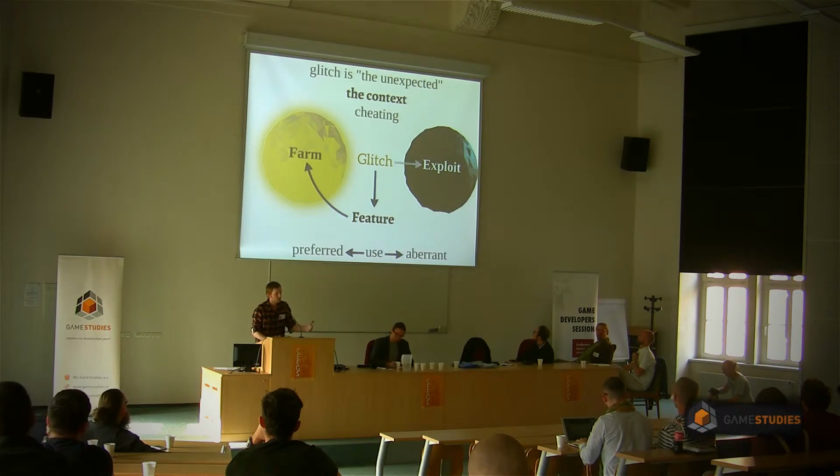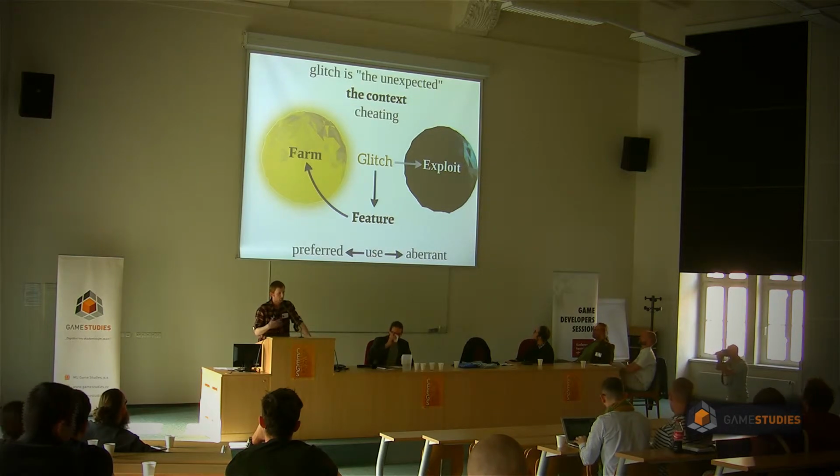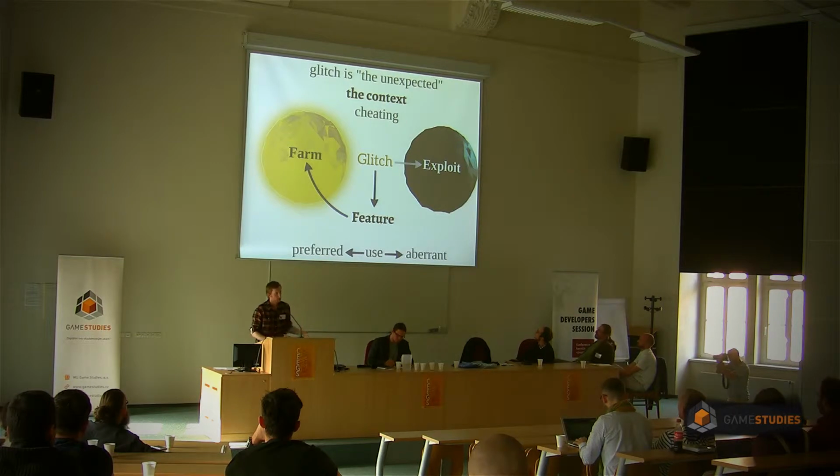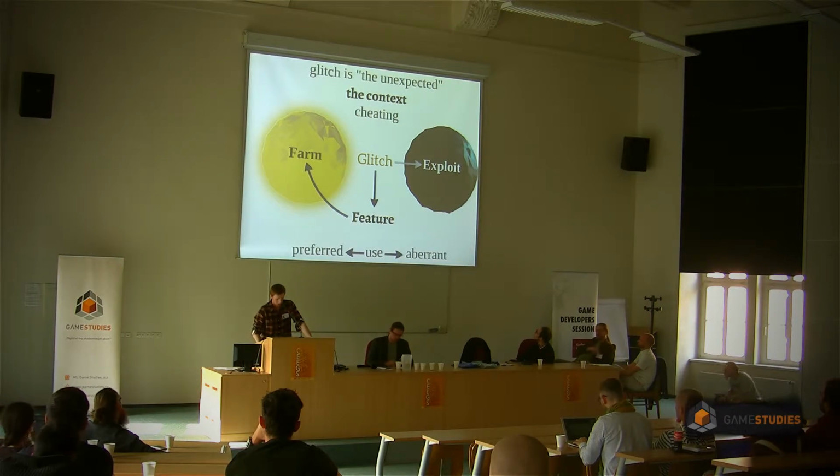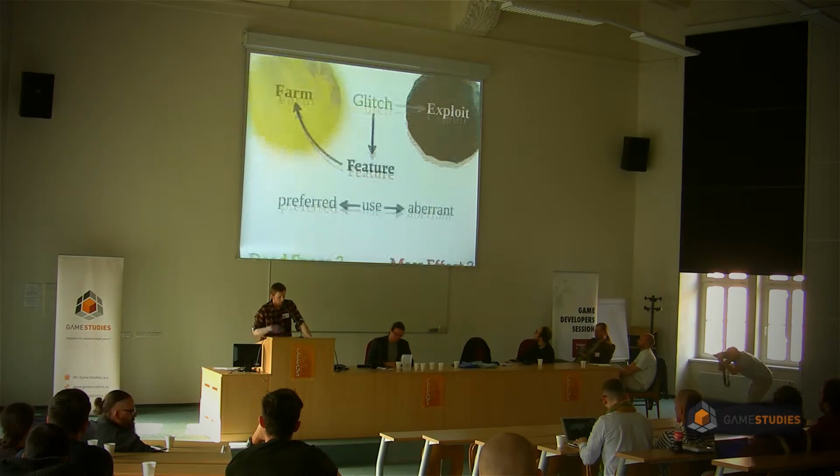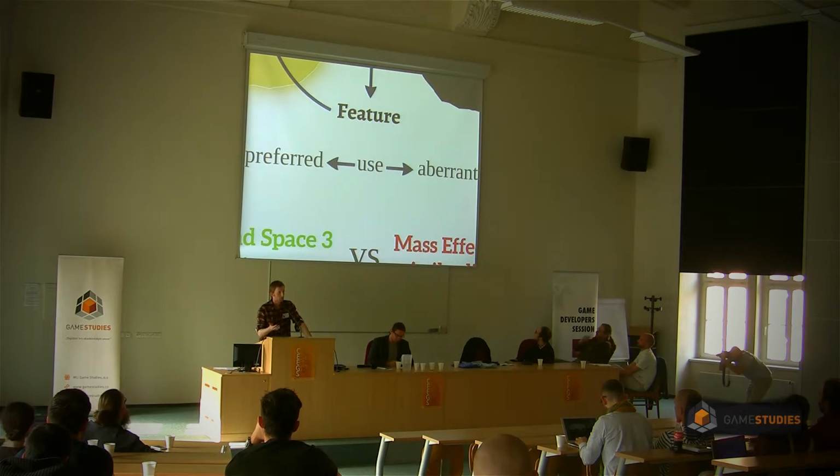But what if the glitch is not really a glitch, or was predicted by the developer? Then we can reinterpret it as a feature, and then we have this dichotomy between farming and exploiting, which can take us further to the wider perspective of preferred and aberrant use, based on Hall's and Eco's work on preferred and aberrant reading.